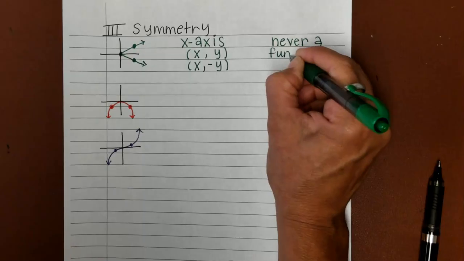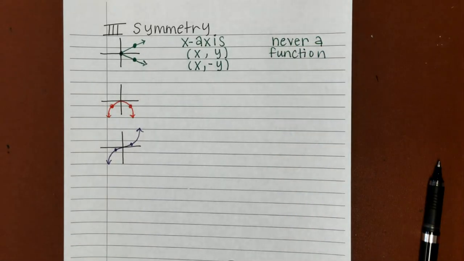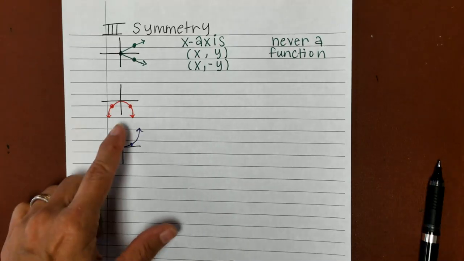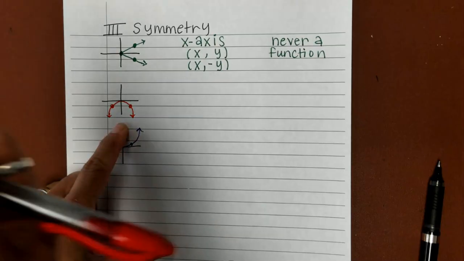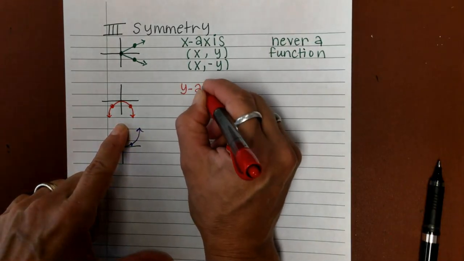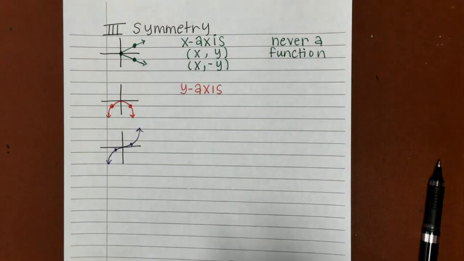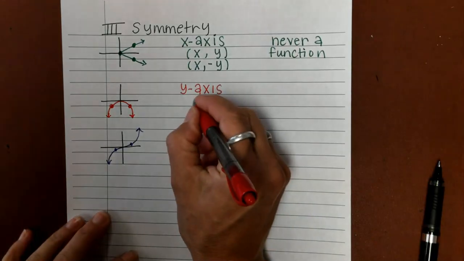It's great that we recognize the symmetry, but after that, we're pretty much done with it because we are a function-based classroom. All right. And then down here, we are going to have symmetry to the y-axis. And what we're going to do for this, we're still going to have a point, xy.